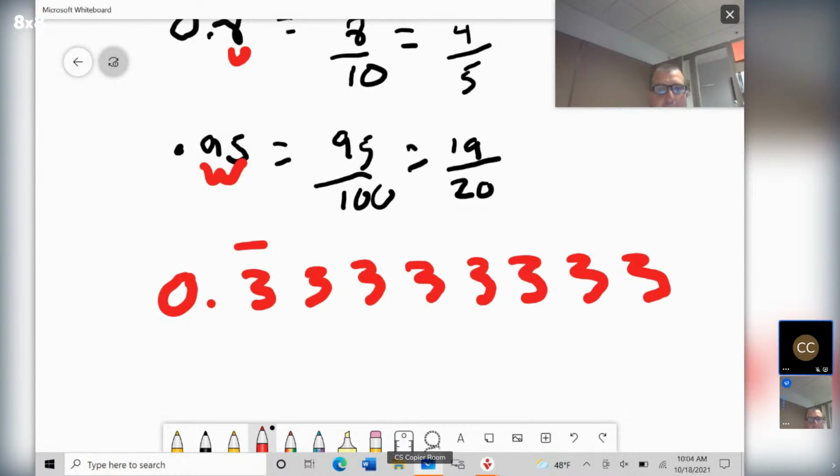So when you see the 3 repeating, it's just going to be 1/3 when we convert that one. Because it's not really out of 10. It's like if I ask you guys to divide 100 pennies into thirds. Or how much is 33 pennies of $1?